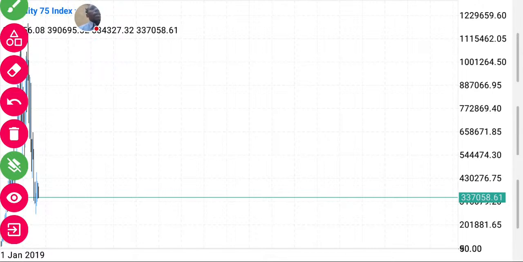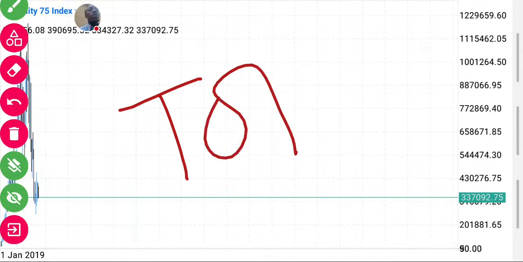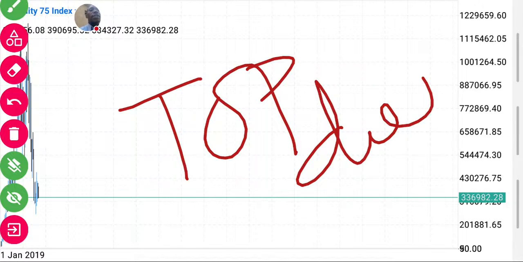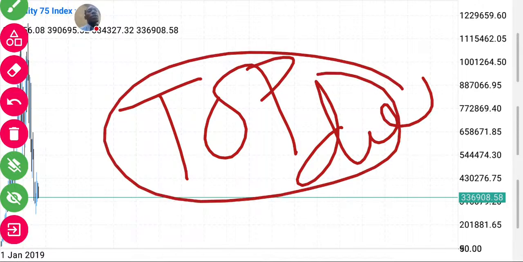First things first, when you come to your charts, you always have to do your top-down analysis. That is the first thing you always think about when you reach the chart.